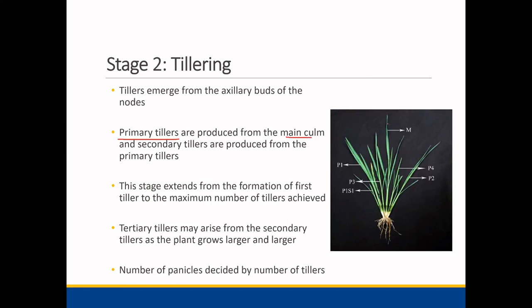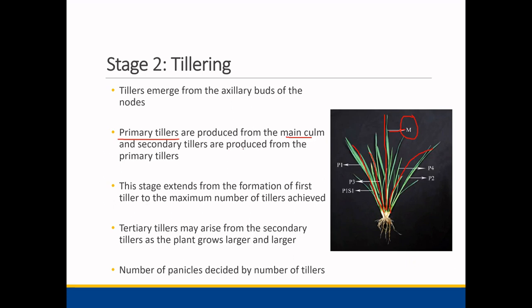In this picture the main culm is indicated by M. From that, several primary tillers are developing from the axillary buds. You can see P1, the primary tiller 1, then P2, the primary tiller 2, and P3, the primary tiller 3, like that.